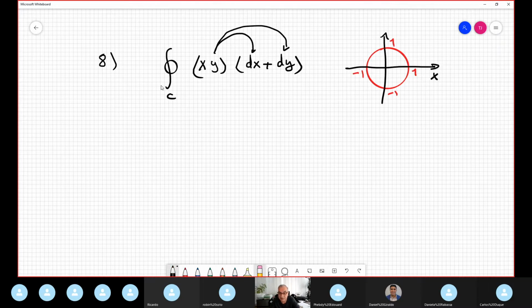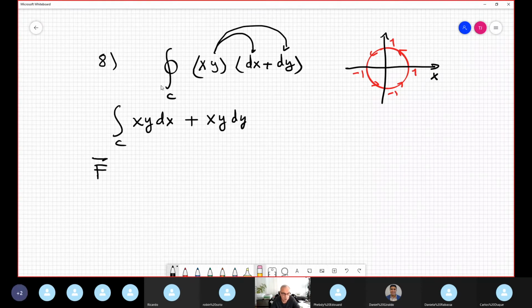This is my curve C. I suppose counterclockwise. So now my line integral is xy dx plus xy dy on the curve.